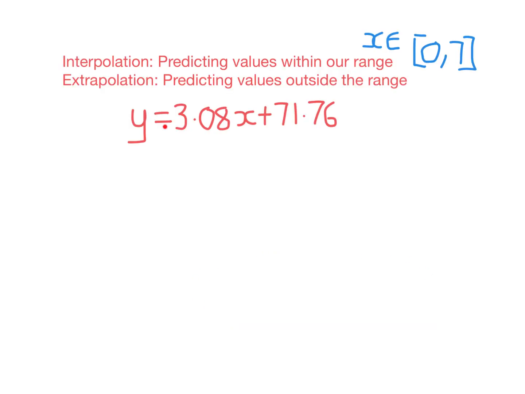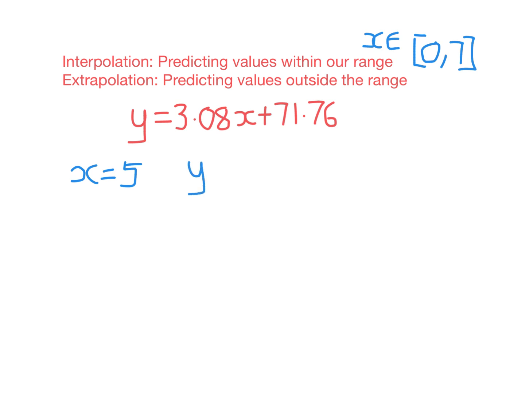Here was the equation that we found in the previous slides. But notice that in our original data, which was only 4 points, the X values ranged from 0 to 7. We have to keep that in mind when making predictions. So let's say we wanted to predict the Y value when X equals 5. Again, this is just a prediction.